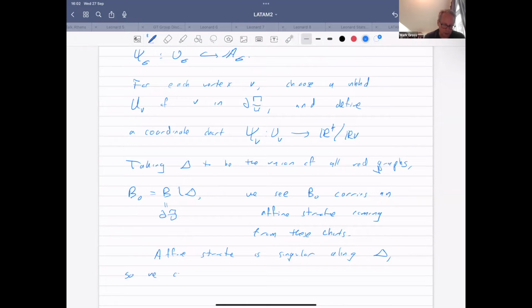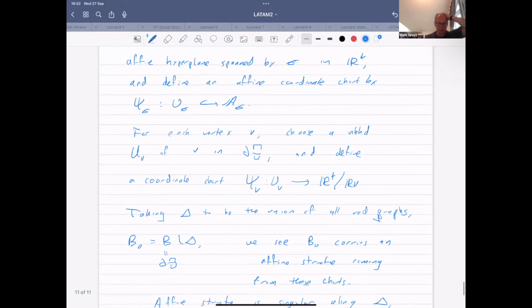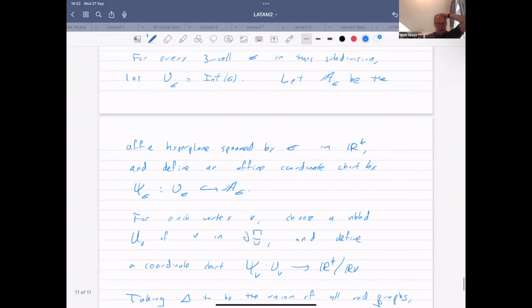So we call B an affine structure with singularities, or affine manifold with singularities. So it's quite a complicated beast, but you can construct it.